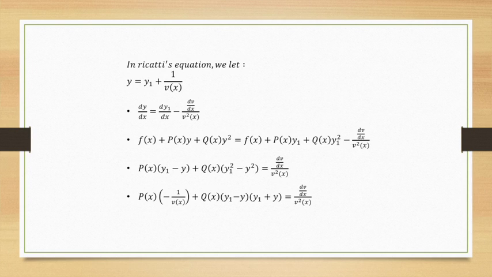Then we get p of x times (y1 minus y) plus q of x times (y1 squared minus y squared) is equal to dphi over dx over phi of x squared.